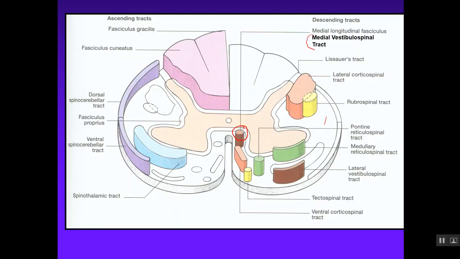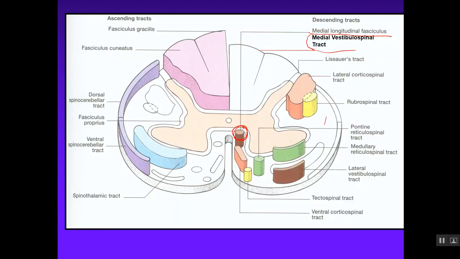It starts in the brainstem as the medial longitudinal fasciculus, and some textbooks will continue to call it the MLF down into the cervical spinal cord. But once it's in the spinal cord, it's called the medial vestibulospinal tract, and that's what we're going to refer to it as. So I just don't want that to mess you up.